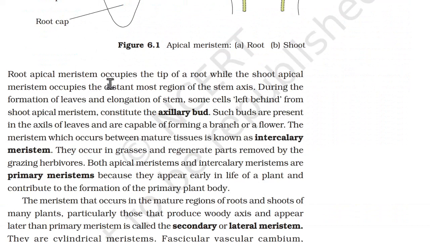Root apical meristem occupies the tip of the root, while the shoot apical meristem occupies the distant-most region of the stem axis. During the formation of leaves and elongation of stem, some cells left behind from shoot apical meristem constitute the axillary bud. Such buds are present in the axils of leaves and are capable of forming a branch or a flower.